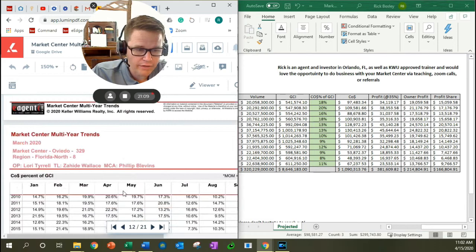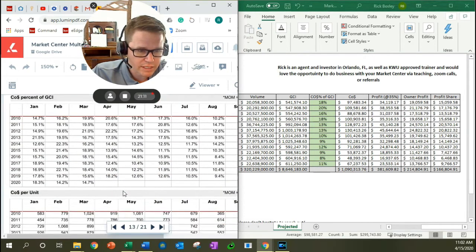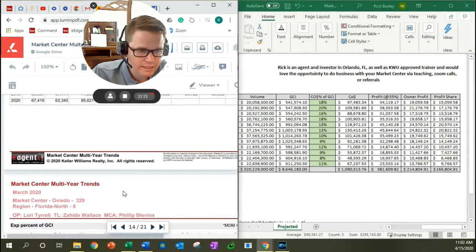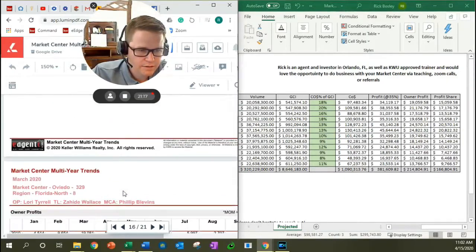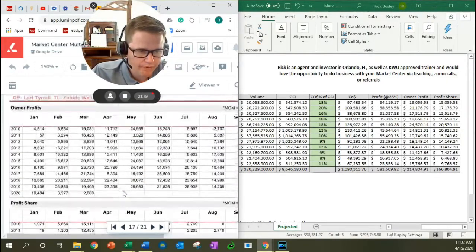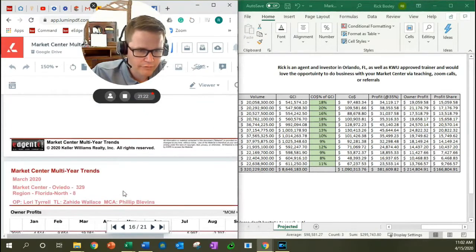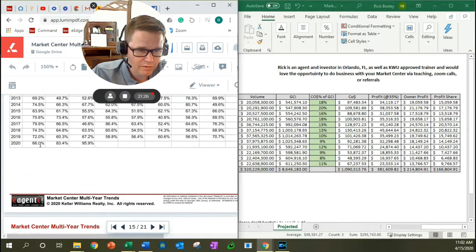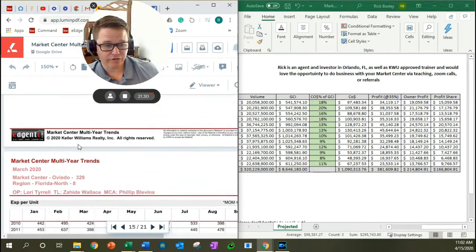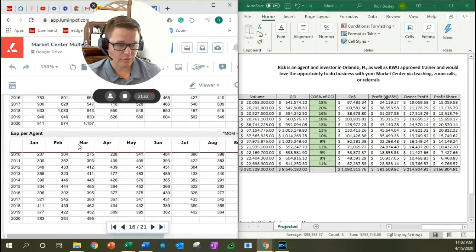Profit, we already saw that was a little bit low when we looked at the profit percentage, yet let's just keep looking down so we can see exactly where it's at. And it has an owner and a profit share separate. If you look, remember it was up like 95% was the expenses. There we go. So they weren't running at 65%. They're running at 83 and 95%. This is the coronavirus season.